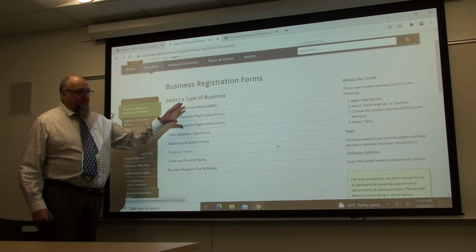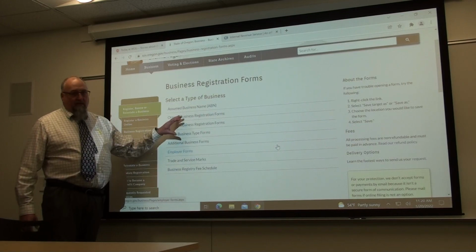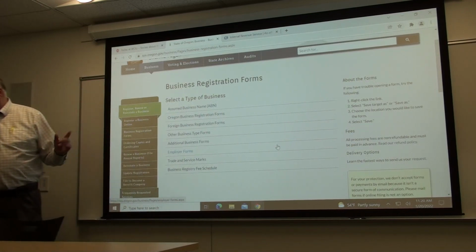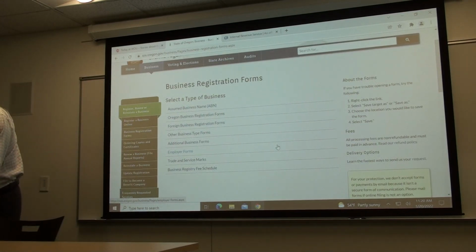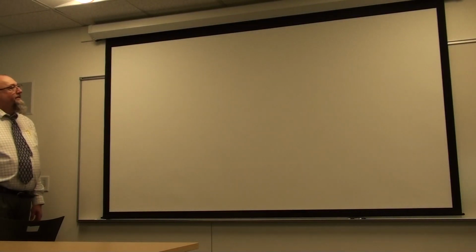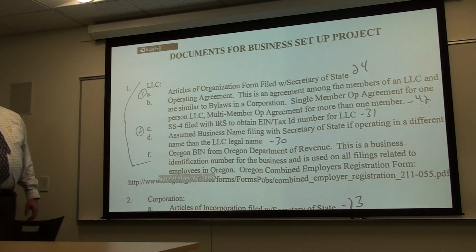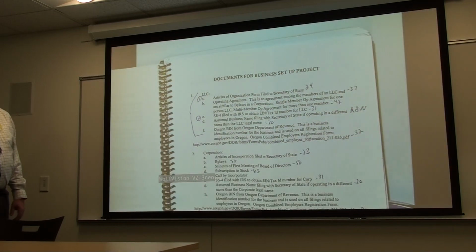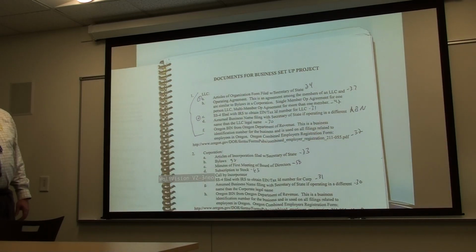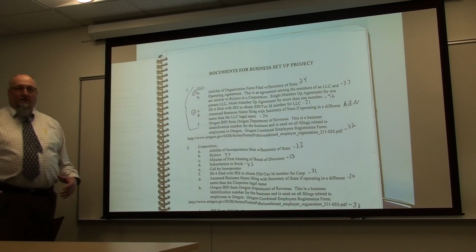I want to kind of stick with the forms today that you'll need to file. And by the way, for some of you that just came in, on page 4 of the book, this is where I have a list of what forms I want you to fill out and submit.